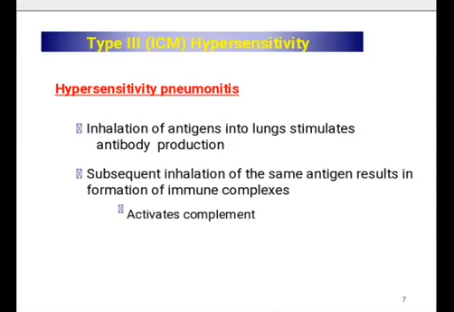To prevent this condition, the best treatment is to avoid the provoking allergens. In chronic exposure, it can cause permanent damage to the tissue or organ. Along with that, corticosteroids such as prednisolone may help to control the symptoms, but they may produce more side effects.